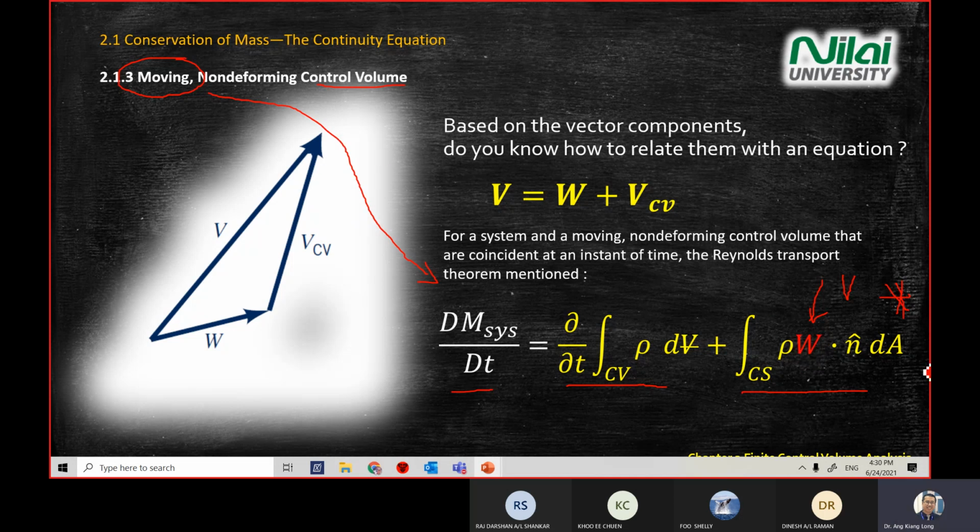I will look for the correct answer or correct equation. I will not assume this one equals that one. I will just look at what you write on your answer sheet and compare it to the standard answer, and if you do not give me the expected answer, I will mark it wrong. So be careful about what you write in your answer. Again, for moving control volume, remember to change to capital W.